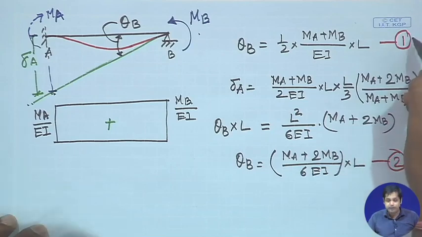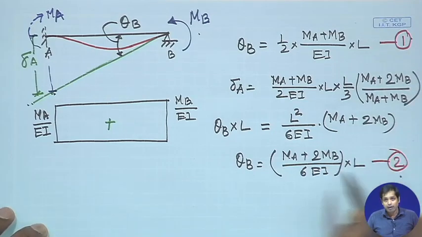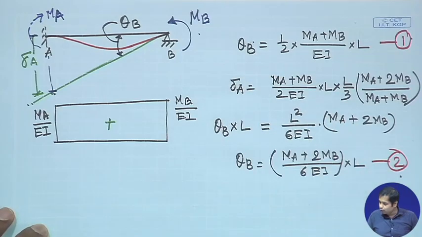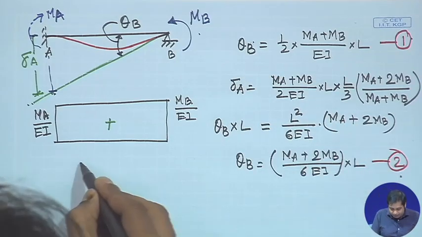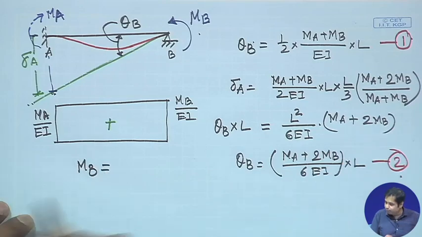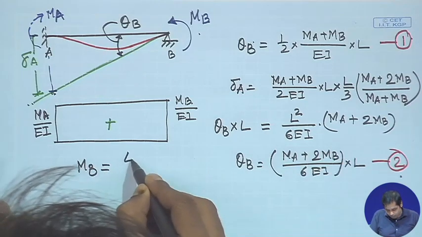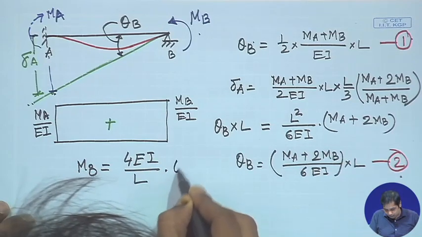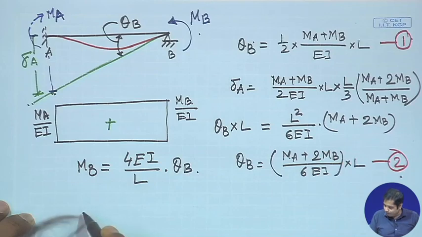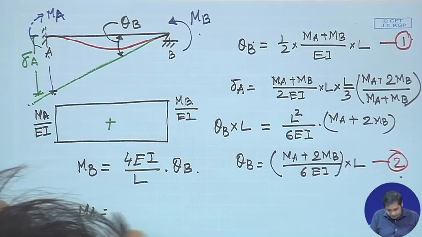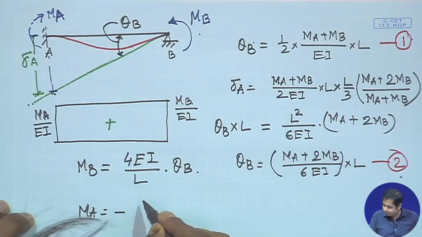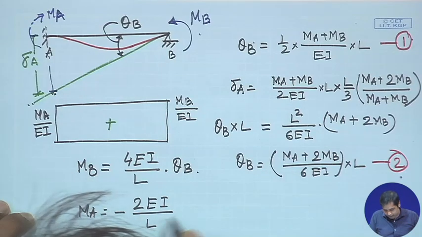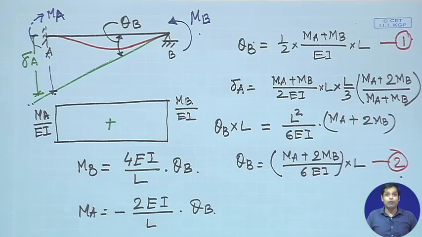Now, let us solve equation number 1 and equation number 2 and find out MA and MB in terms of theta B. Now, if we do that, then what we get is MB is equal to 4 EI by L into theta B, and MA is equal to minus 2 EI by L into theta B. Okay.